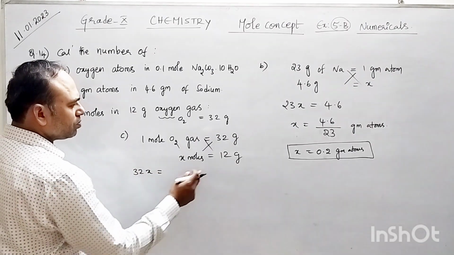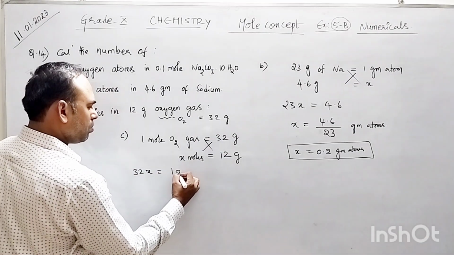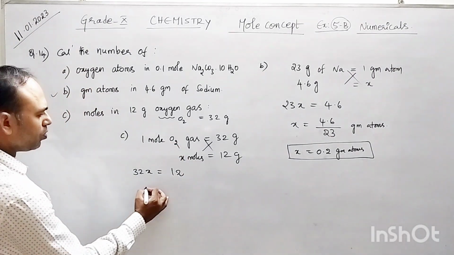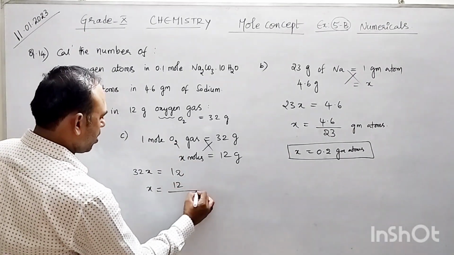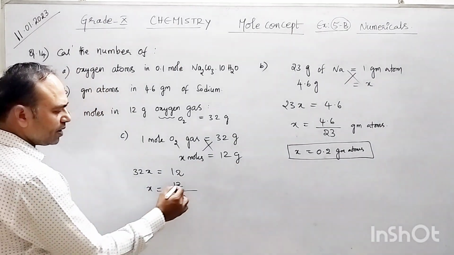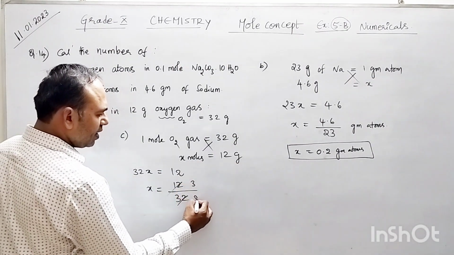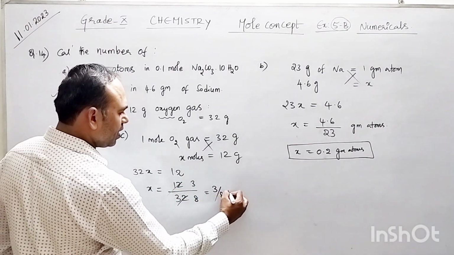32x is equal to 12. What is x? 12 by 32. So you can take 4 3s and 8. So we have 3 by 8 moles.